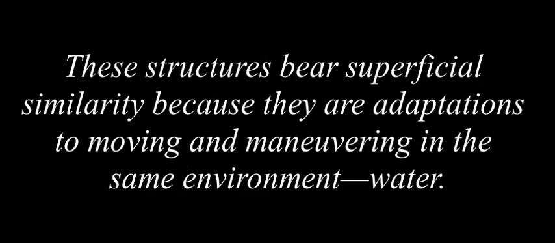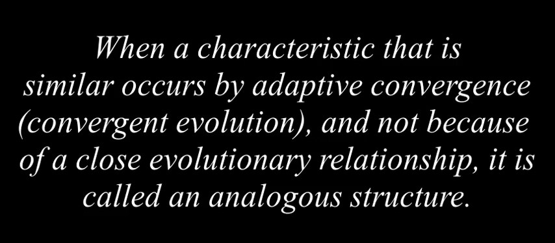These structures bear superficial similarity because they are adaptations to moving and maneuvering in the same environment, which is water. When a characteristic that is similar occurs by adaptive convergence or convergent evolution, and not because of a close evolutionary relationship, it is called an analogous structure.